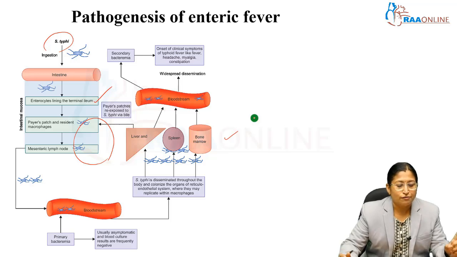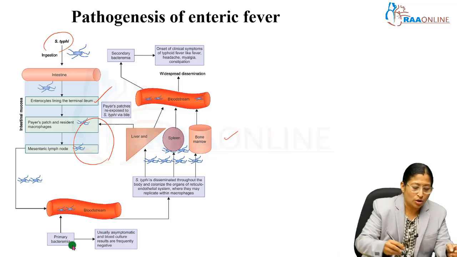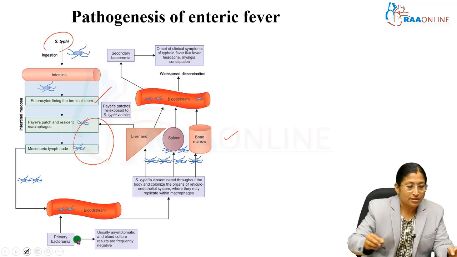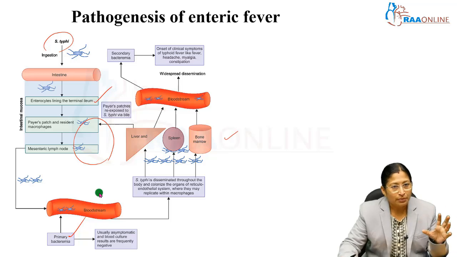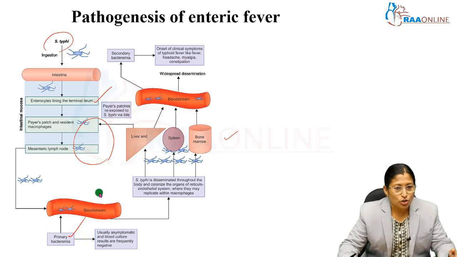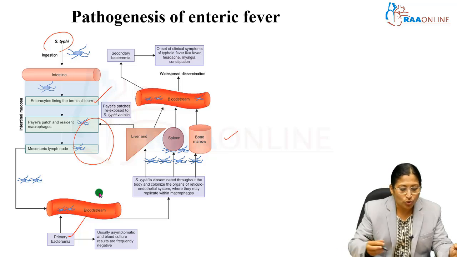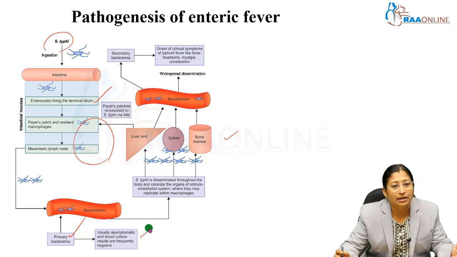So this is the first bacteremia which occurs, which is also called primary bacteremia, where from the Peyer's patches the organism invades the bloodstream. And usually this primary bacteremia is asymptomatic and even blood cultures may be negative at this stage.